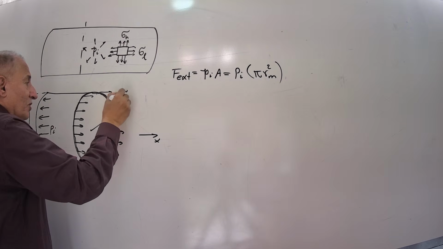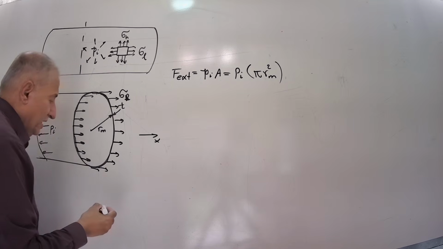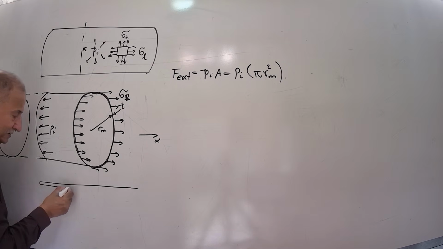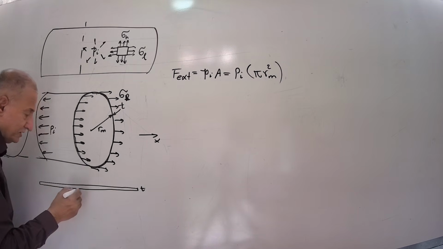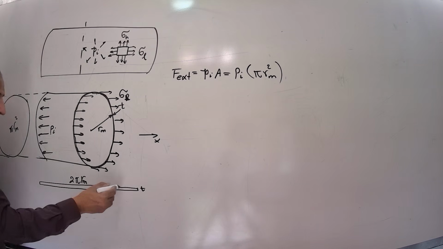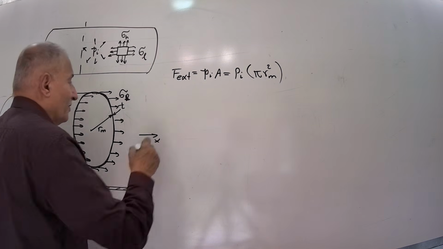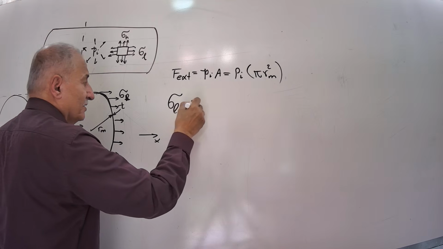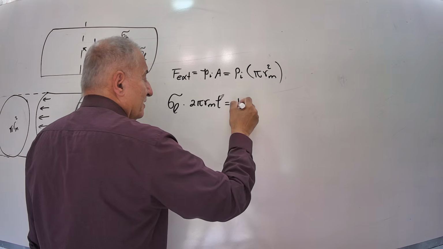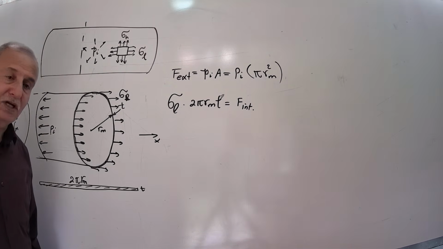The internal force is sigma longitudinal times the area of the strip, where one side is the thickness t and the other side is 2 pi r m. This rectangle area is 2 pi r m times thickness, times stress, and it gives the internal reaction at the cut section.